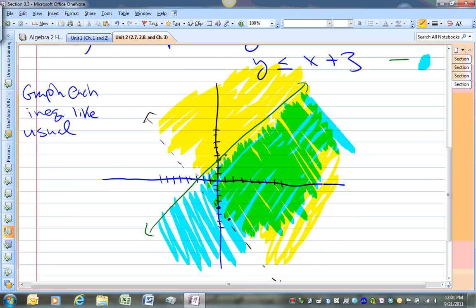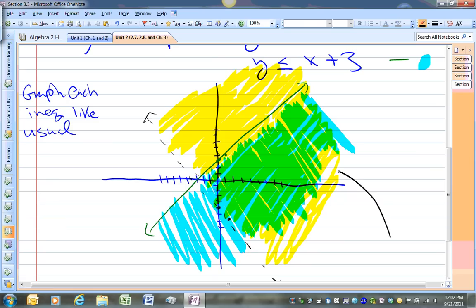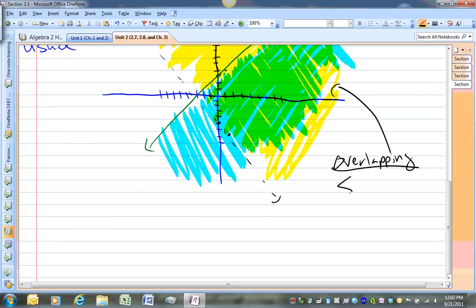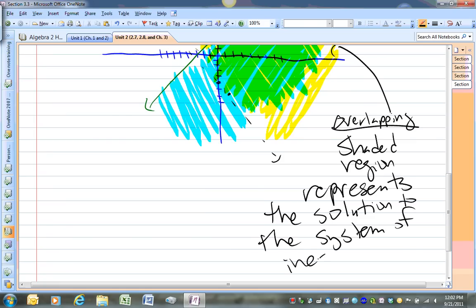So, what we're looking for here is the overlapping shaded region. I want to emphasize that the overlapping shaded region represents the solution to the system of inequalities.